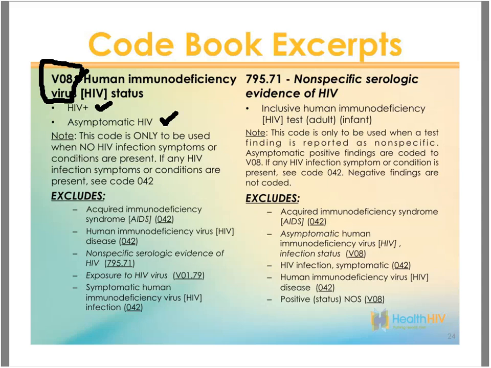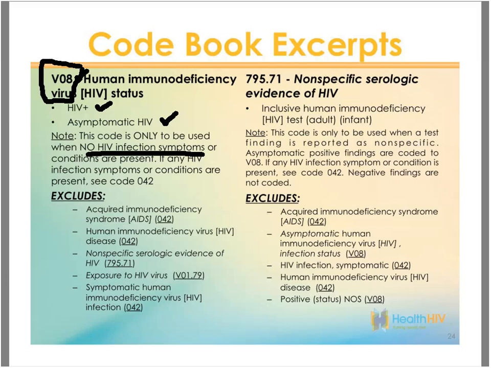The first note says this code is only to be used when no infection symptoms or conditions are present. So we have to make sure that we are all clear and understand that the V08 is a patient who presents, the provider has not definitively diagnosed them with the HIV infection, and they have no symptoms.